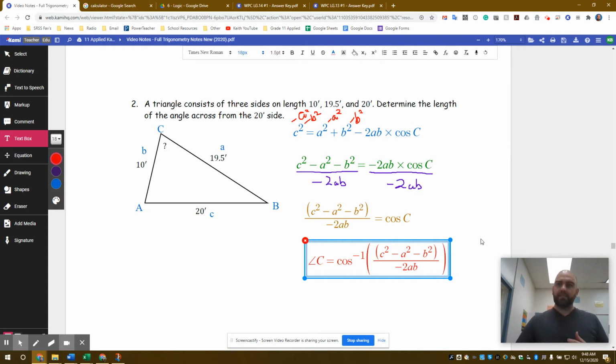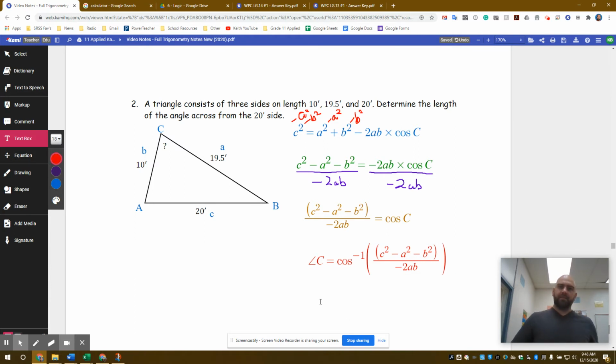There's a lot of brackets in there, and it looks like a little bit of a mess, but what we need to do is the inside first: c squared minus a squared minus b squared, and then we divide that all by negative 2ab, and then we take the inverse cos to be able to solve for angle C.